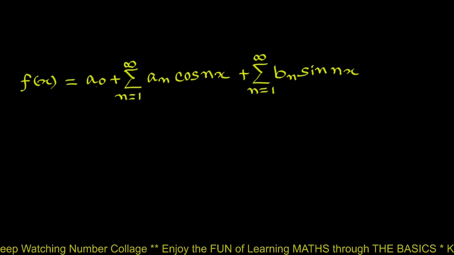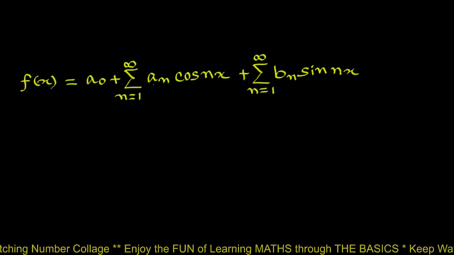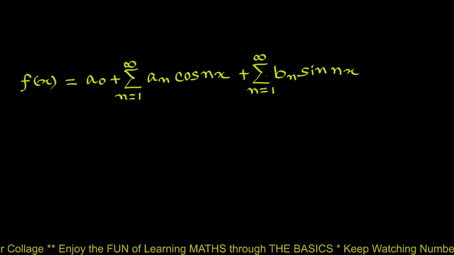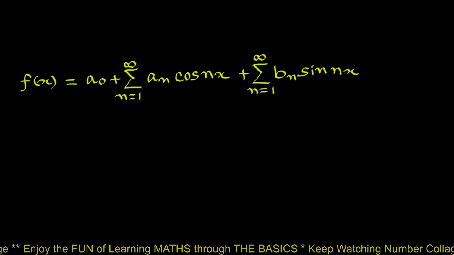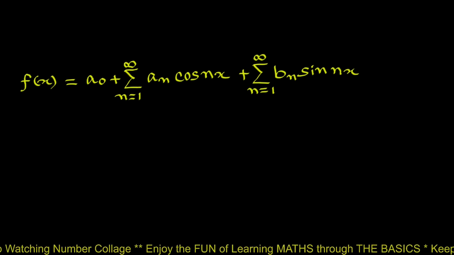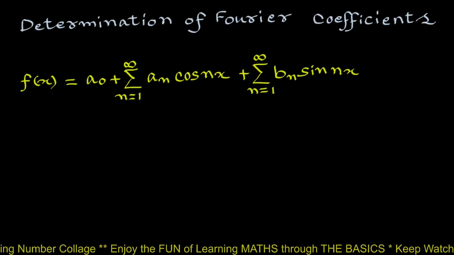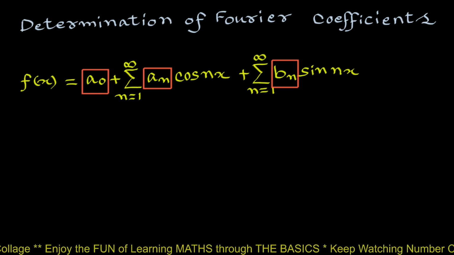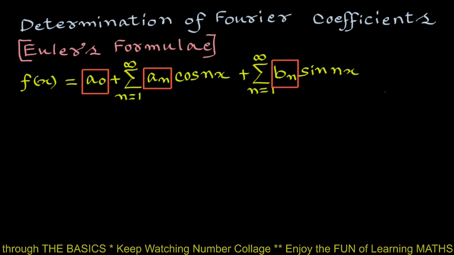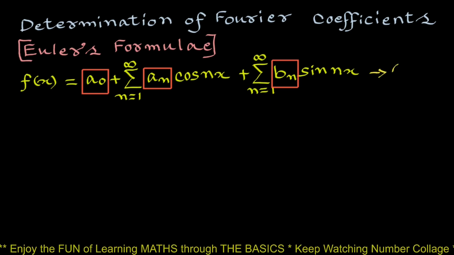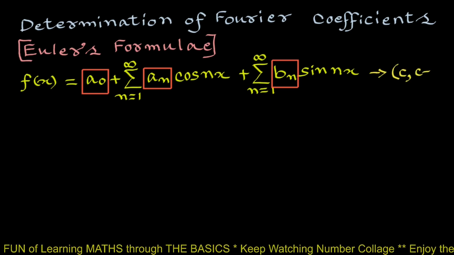In the Fourier expansion, f(x) equals a0 plus summation an cos nx, n runs from 1 to infinity, plus summation bn sin nx, n runs from 1 to infinity. We will see how to determine Fourier coefficients a0, an and bn, also known as Euler's formulae. For this, we will integrate this expression on both sides from c to c plus 2π.